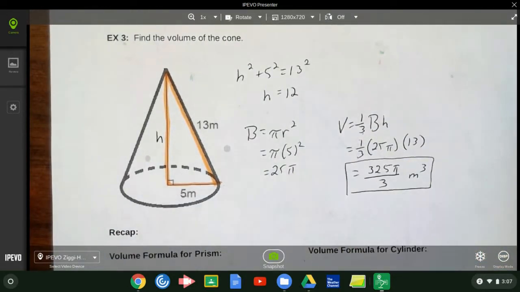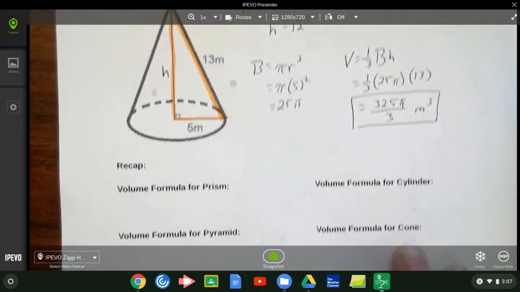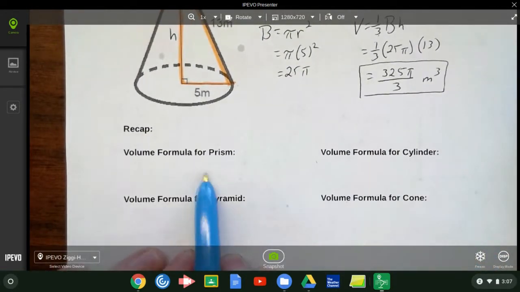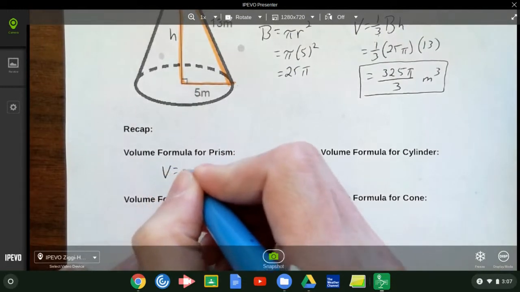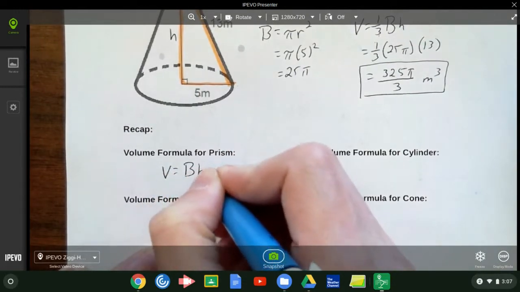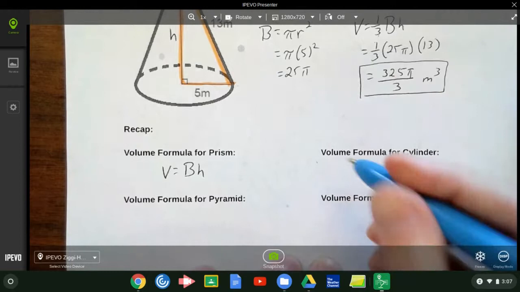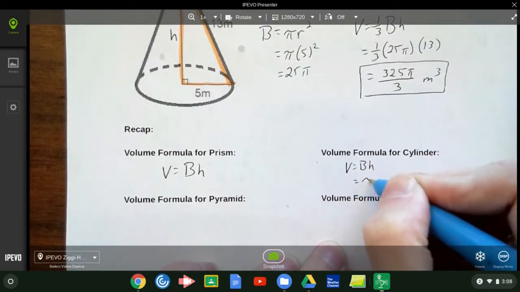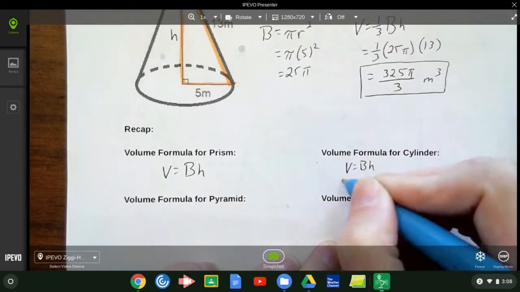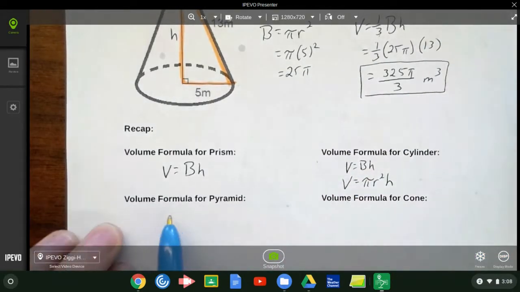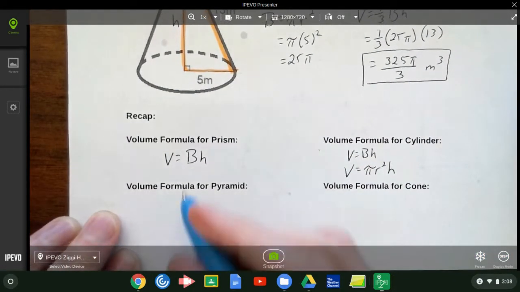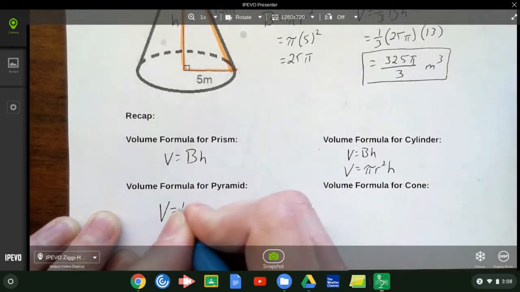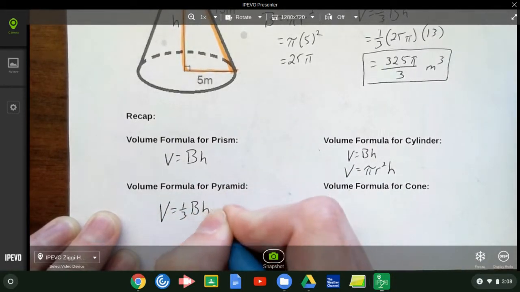Okay, so that's really all there is. We only have two formulas for volume. We have the volume for prisms, which we said was just the area of the base times the height. The volume for a cylinder is area of the base times the height, which you could say pi r squared h if you wanted to go there. And then we have the volume for a pyramid, which is nothing more than 1/3 our last one.